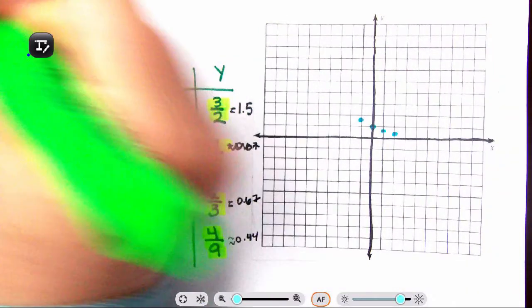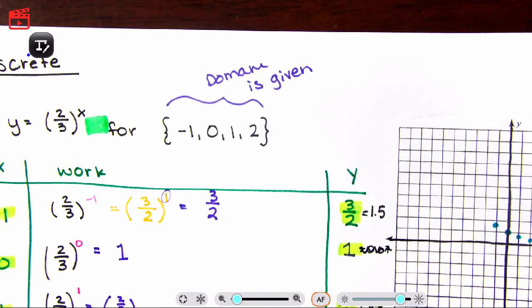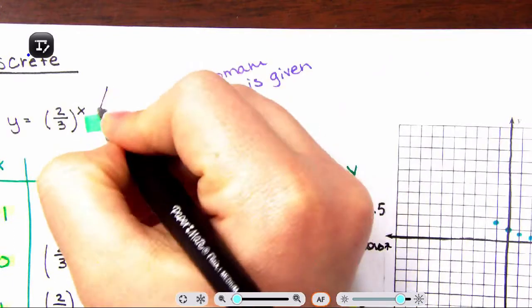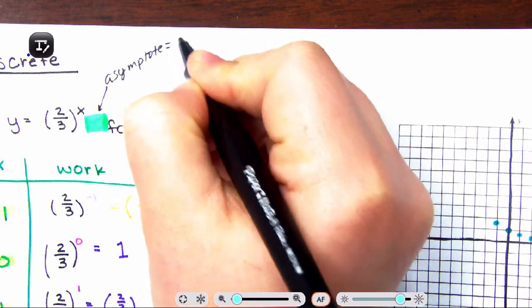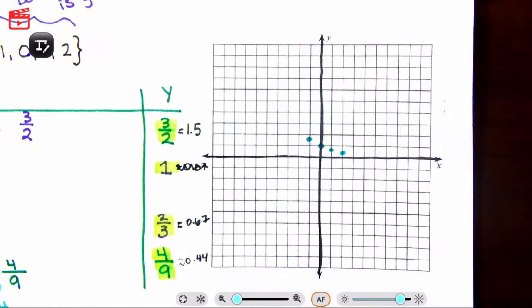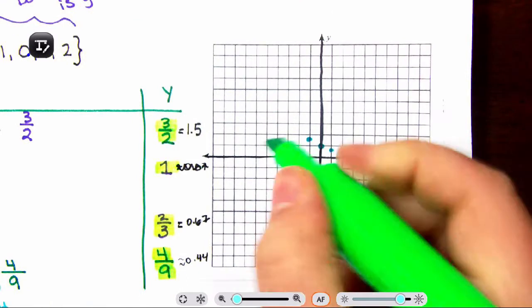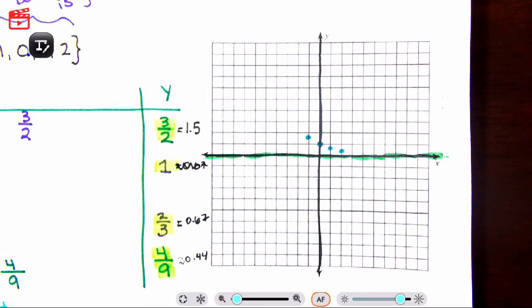Notice that there's nothing there. So that means our k value, our asymptote, is 0, which means our asymptote, the line that we shall not cross, is this line right here. And you want to show it in a dotted line.